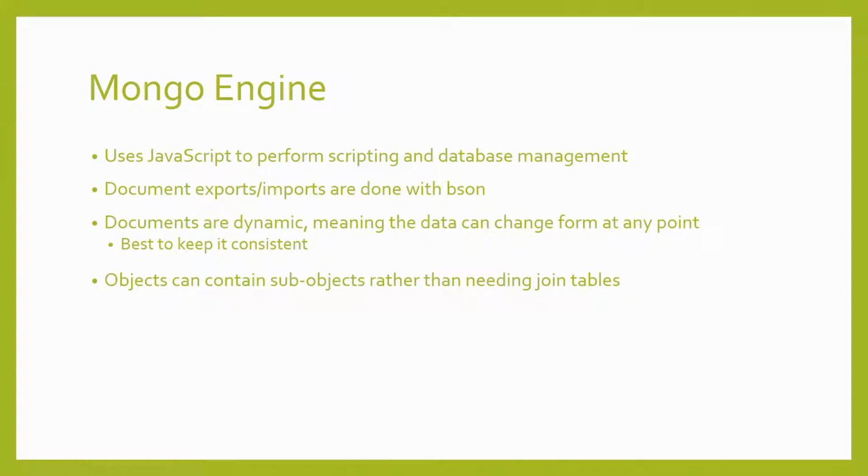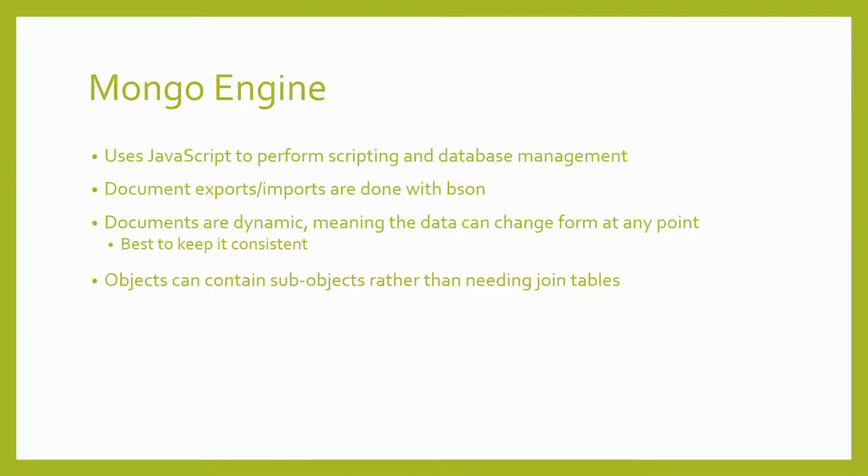So Mongo itself, its engine, is using a JavaScript runtime, which means anytime we want to do any sort of scripting, database management, any of that kind of stuff, we're going to be using JavaScript, or at least a sort of stripped down version of JavaScript to do that. Document imports and exports are done with BSON. If you're familiar with JSON, JavaScript Object Notation, BSON is the same thing, except it supports binary data.